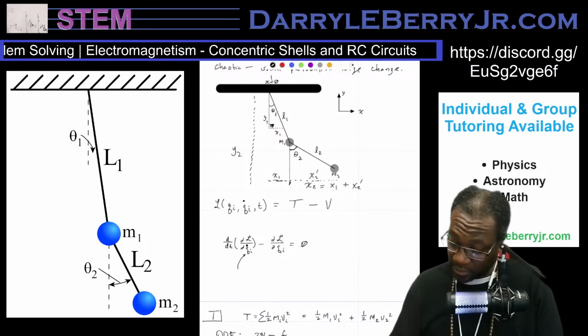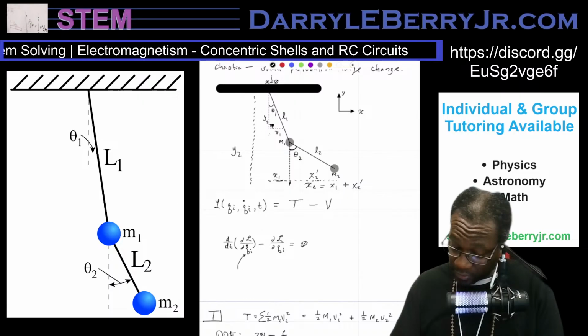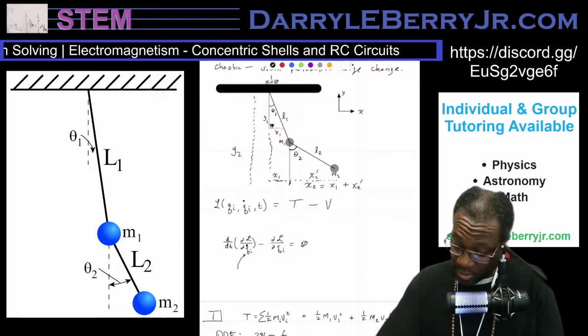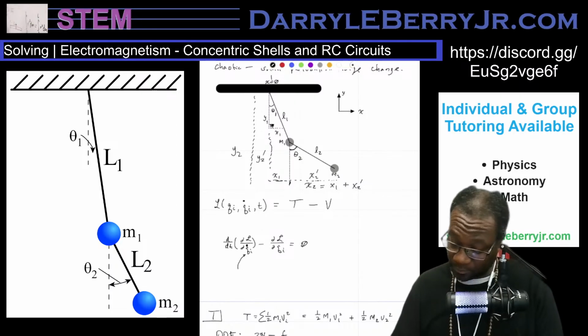We have y2, it's all the way down here. That's still our y1 there. This is our y2 prime.